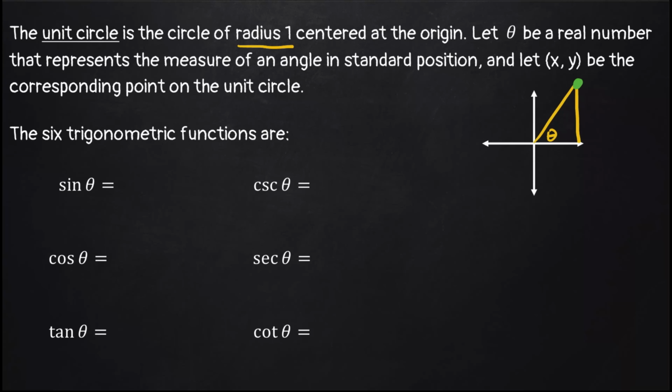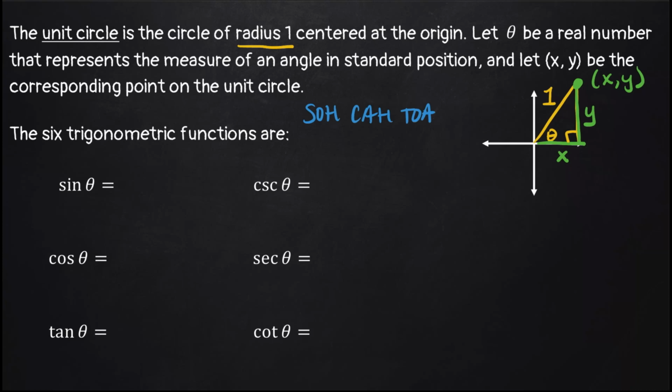So here would be our x comma y, which means that this is our x distance and this is our y distance. And always remember that the radius of 1 is going to be that hypotenuse.